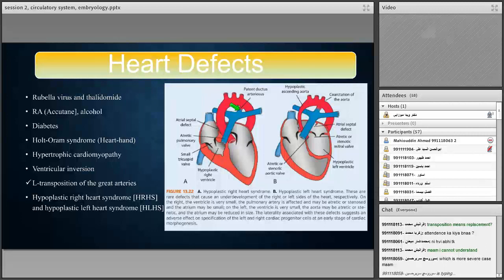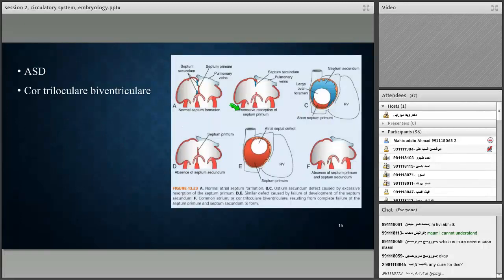But the ductus arteriosus will remain open, and the oxygenated and deoxygenated blood are mixing.